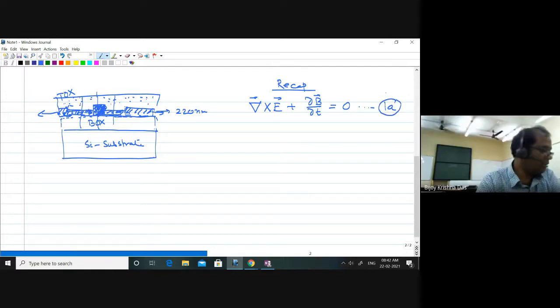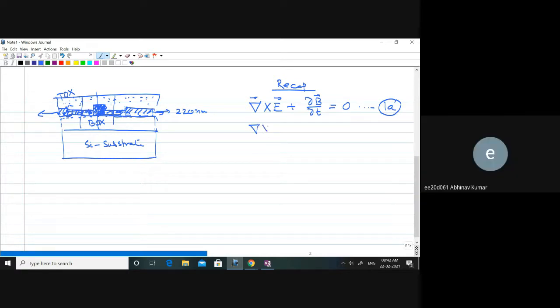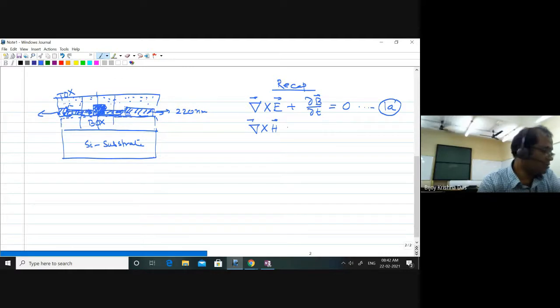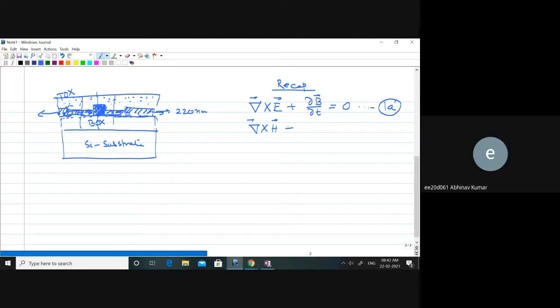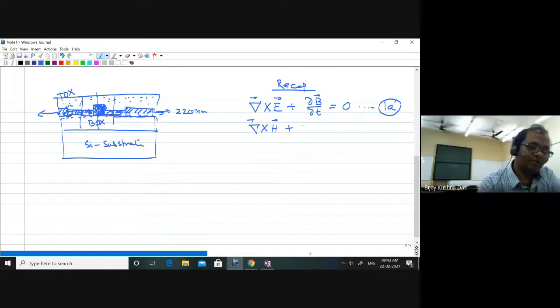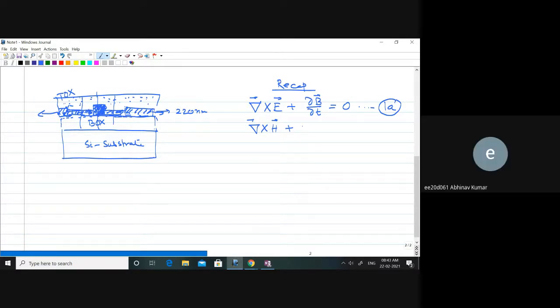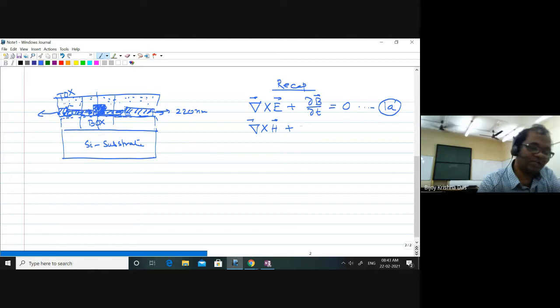And then another curl equation, you know that: curl of H equal to, what is that? JC plus JD. So we can put it down, it is better to write. Curl of E equal to minus del B by del t, and curl of H equal to JC plus JD.